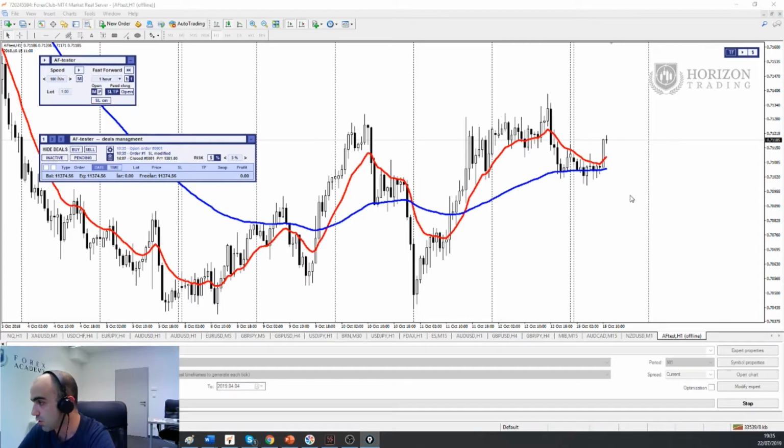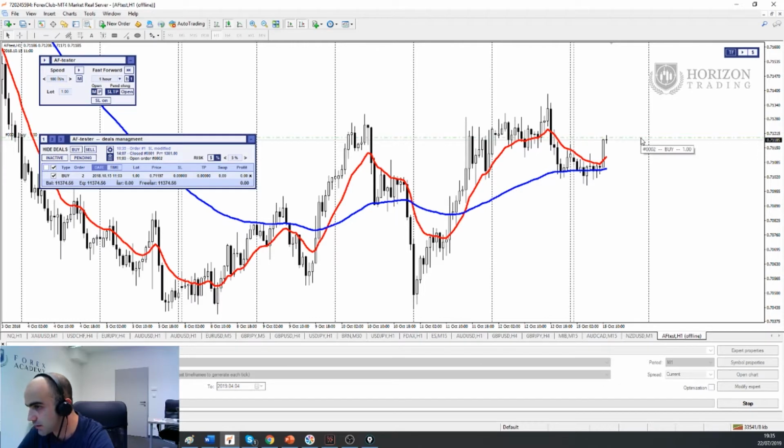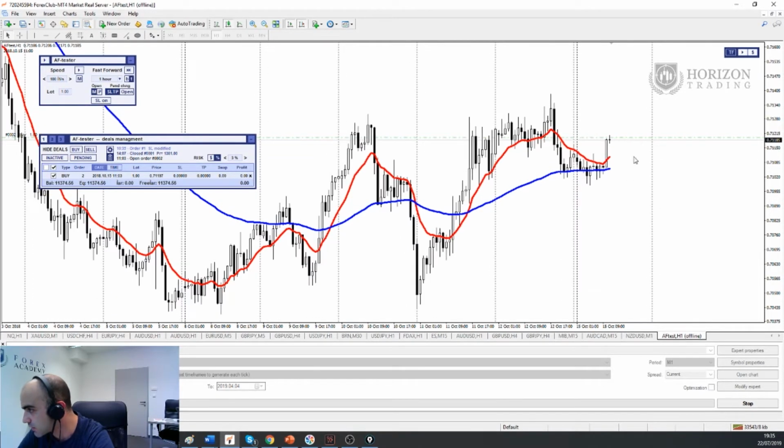Therefore, opening up a trade over here, putting my stop loss as previously below, in this case EMA 72, and let's try to catch a trend. Let's go.